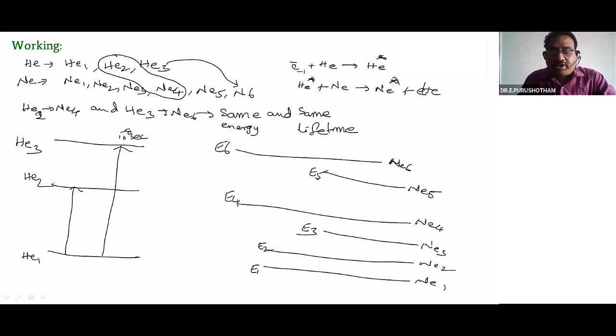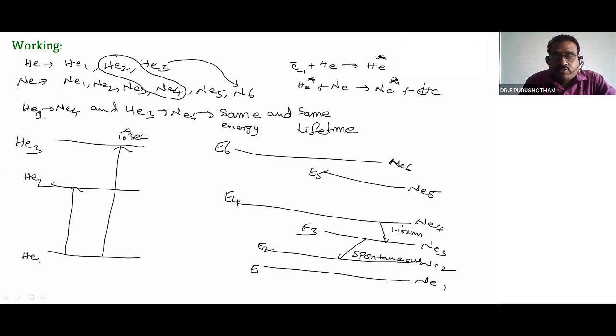Due to this pumping process, the atoms jump from E3 to E2 due to spontaneous emission of radiation. So Ne4 to Ne3, it emits radiation of 1.15 micrometers.